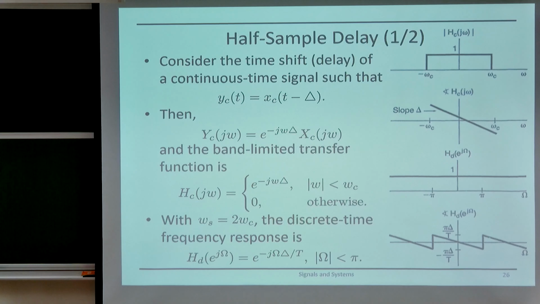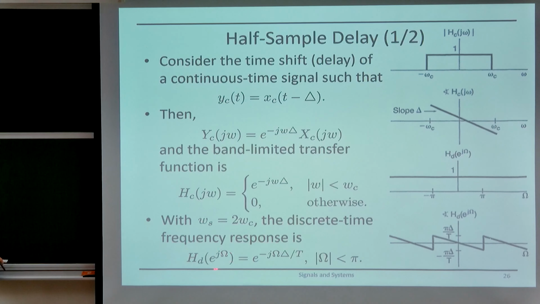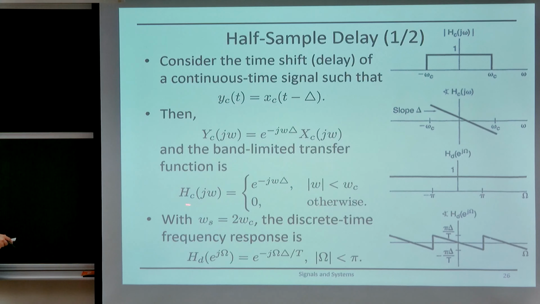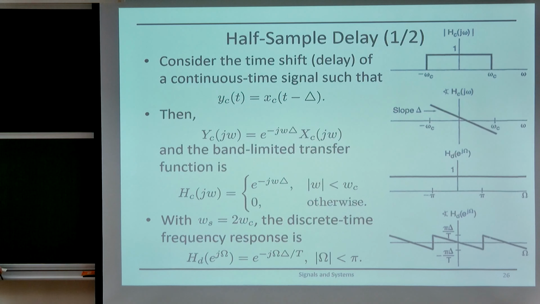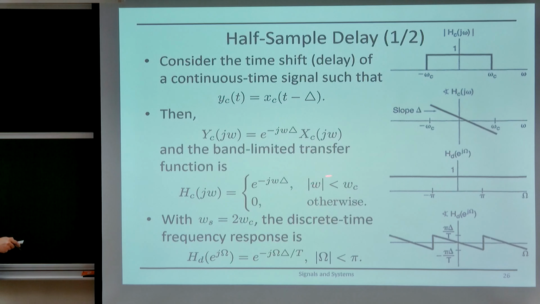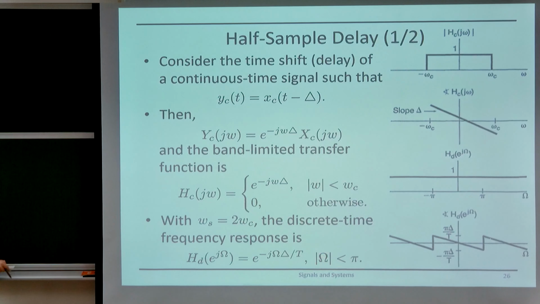Now, suppose you sample at 2 times the bandwidth omega c, then the discrete time frequency response H_d will be equal to a scaled version of this continuous time spectrum. So this is this thing with omega replaced with capital omega over capital T, and the range is again going from minus pi to plus pi.